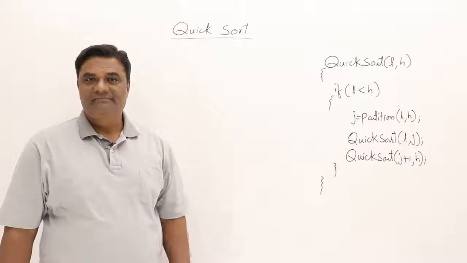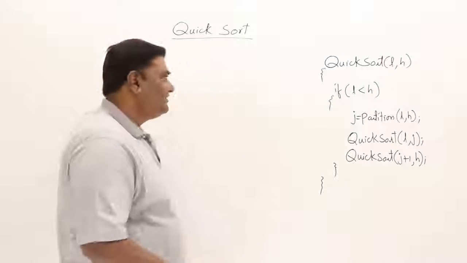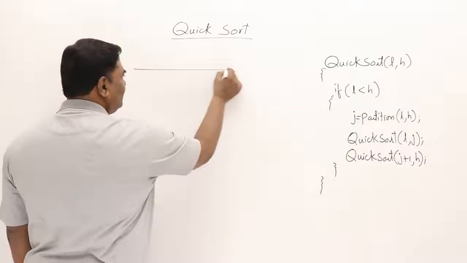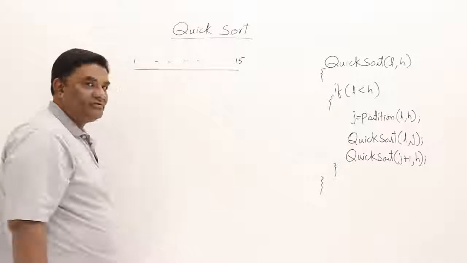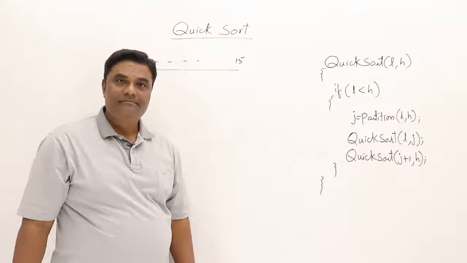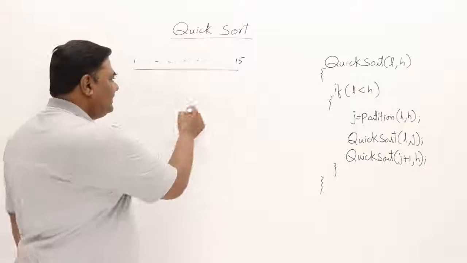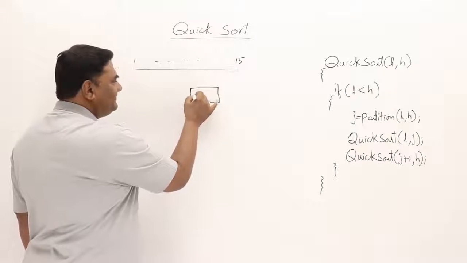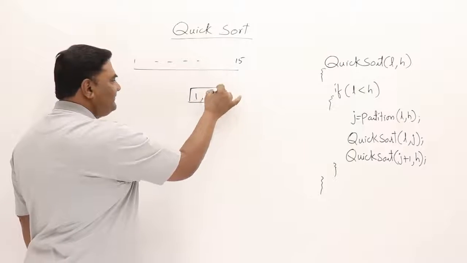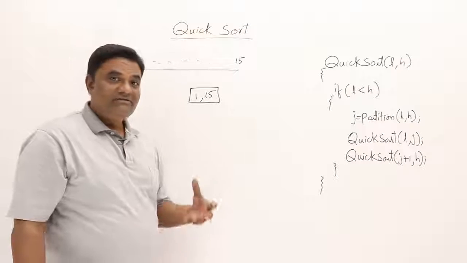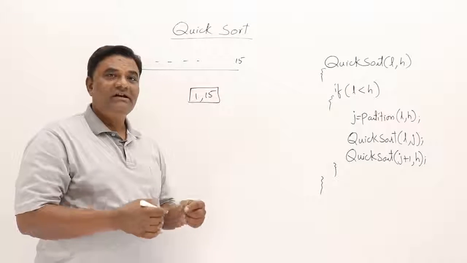it will divide the list. Suppose I have a list of elements, let us say 1 through 15. I have a list of 15 elements. Then, I call quicksort by passing first index as 1 and last index as 15. Suppose it is partitioning at the middle.